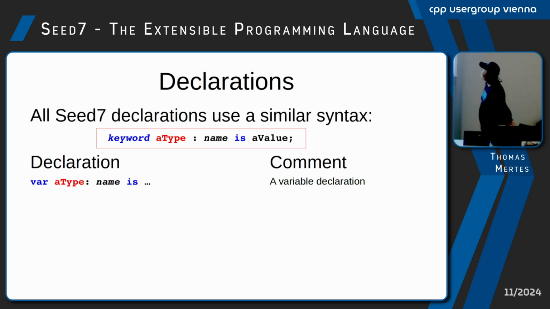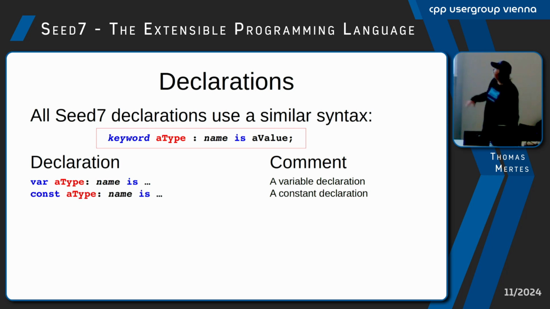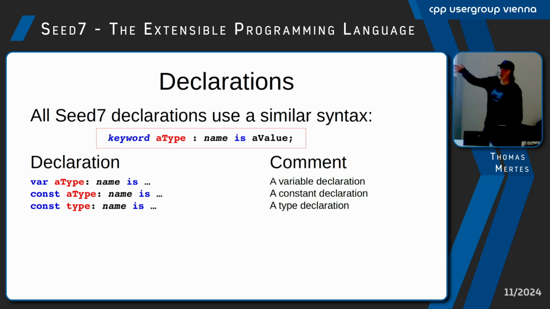How does Seed7 look like? In Seed7 all declarations use a similar syntax. You see here a keyword, then a type, then a colon, then a name, then the keyword is, and then an initialization value. And here we see a variable declaration. A constant declaration has just the keyword const. If you do a type declaration, the type is type.